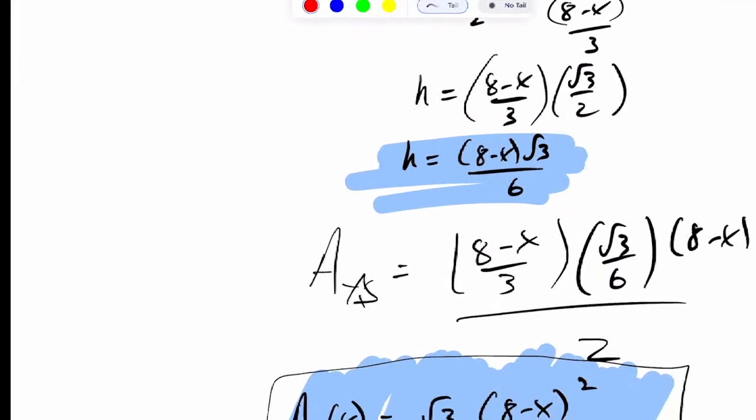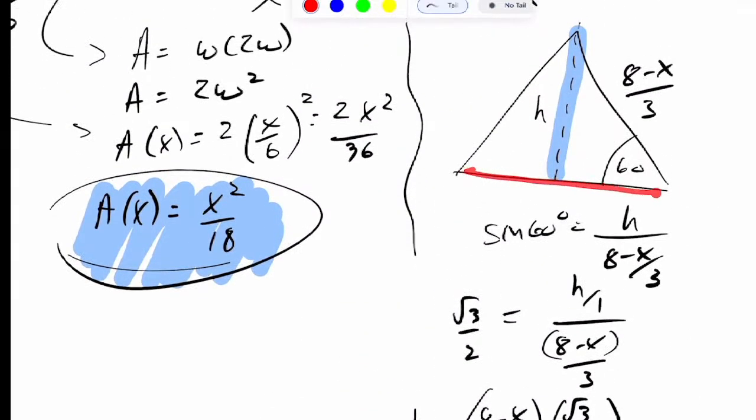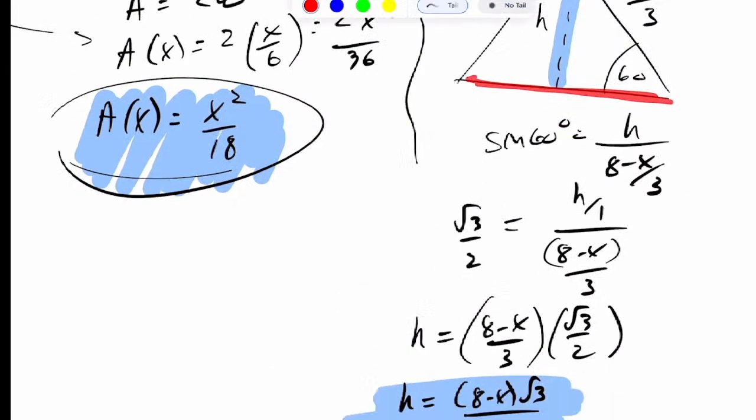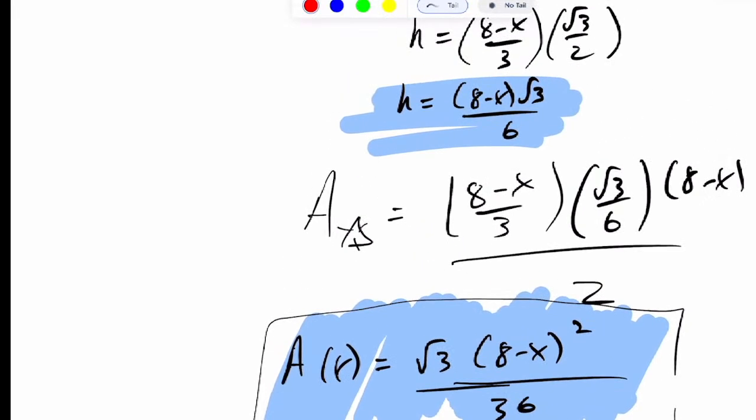So once I found the height, my area of my triangle is my base. My base is this. So that's going to be the length of one side times the height, which is this, divided by 2. Right? So base times height divided by 2. It's super ugly, but that's how you do it.